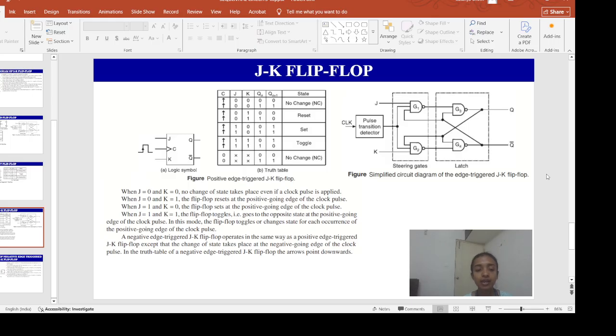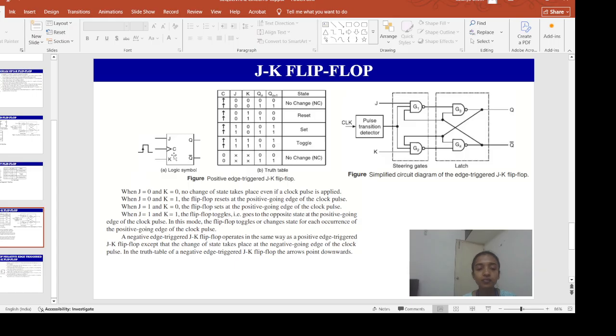Inputs J and K behave like the S and R inputs, to set and reset the flip-flop. When J and K both are 1, the flip-flop will toggle and switch to its complementary state. If Q is 0, it will switch to the 1 state, and vice versa.